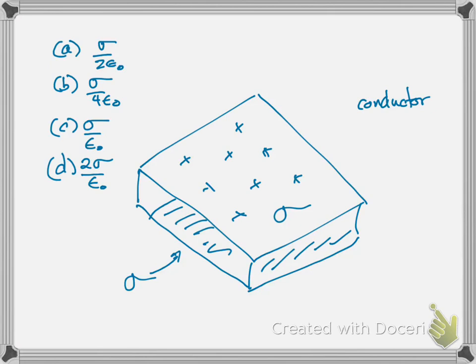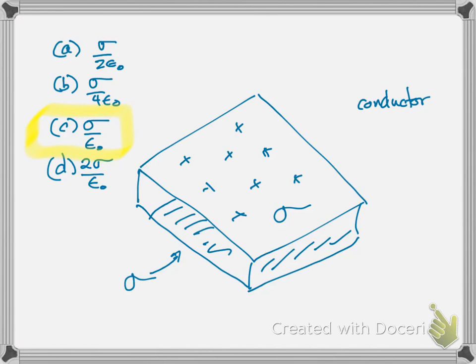You could pause the video and think about it, and tell me what the electric field is above or below this three-dimensional conducting sheet. But I will go ahead and answer. The answer, if I have done it correctly, is C, sigma over epsilon 0. I bet a lot of you probably answered the right answer, but I wonder if you really know why.